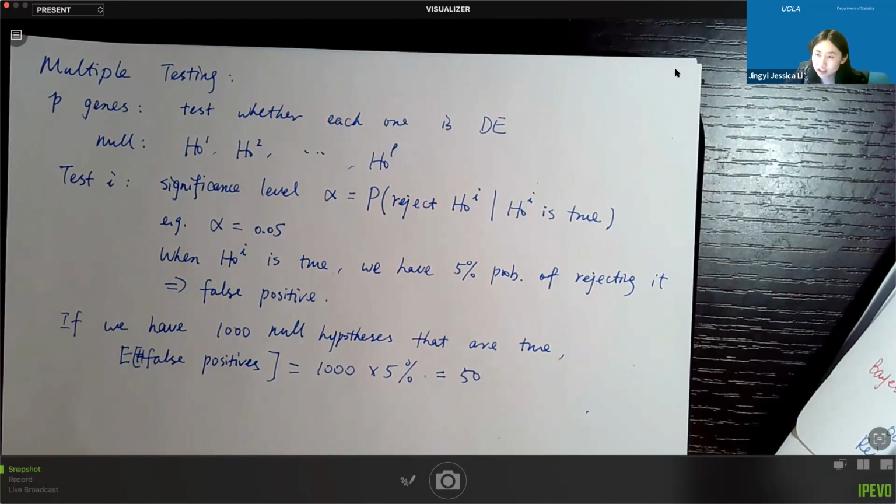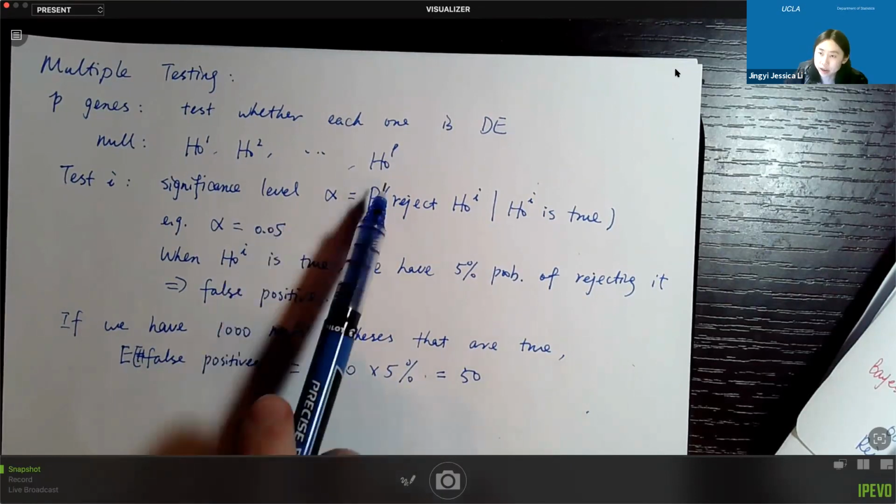Usually, our so-called DE genes will be no more than 100. Otherwise, our analysis will not be so informative. So given that the majority of the null hypotheses are believed to be true, the number of false positives will be too big if we set alpha to 0.05 for every test.